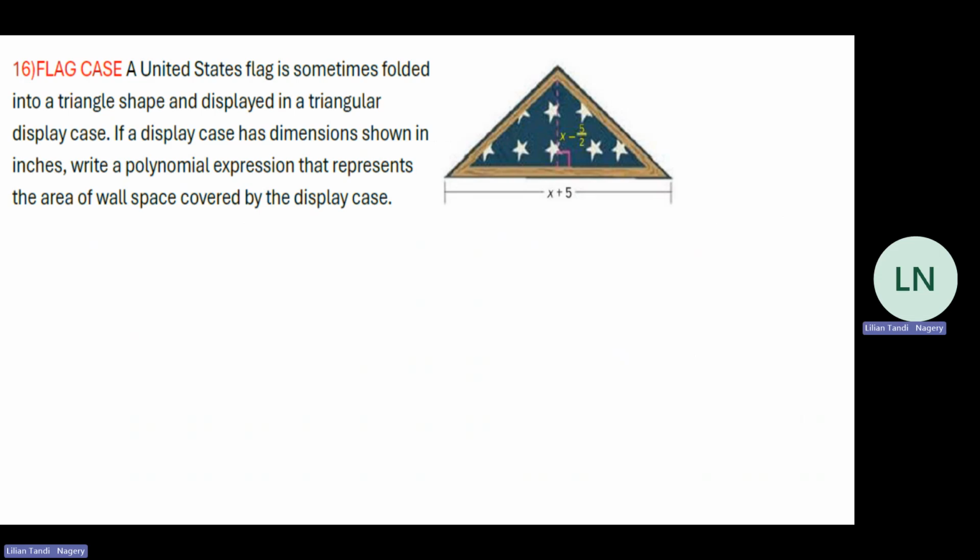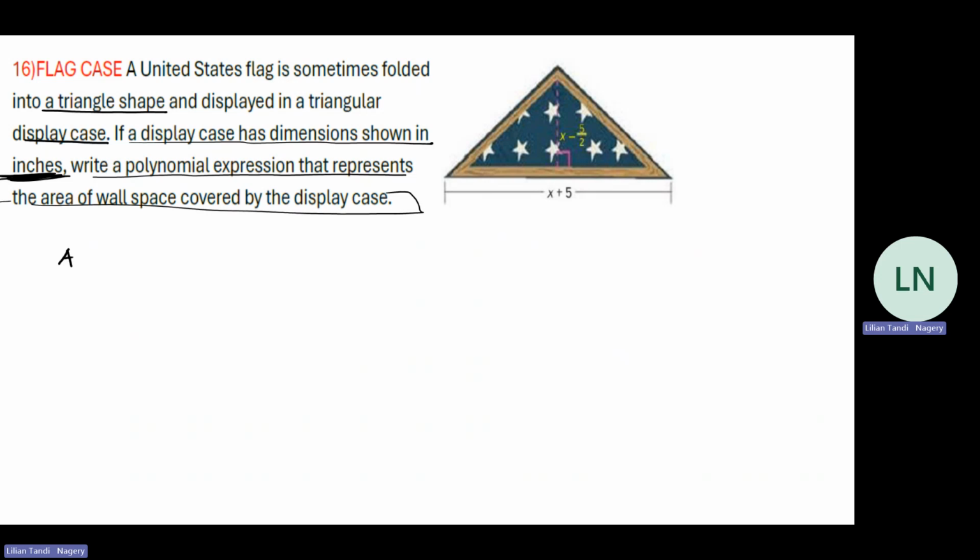A United States flag is sometimes folded into a triangle shape and displayed in a triangular display case. If the display case has the dimensions shown in inches, my unit is inches, write a polynomial expression that represents the area of the wall space covered by the display case.